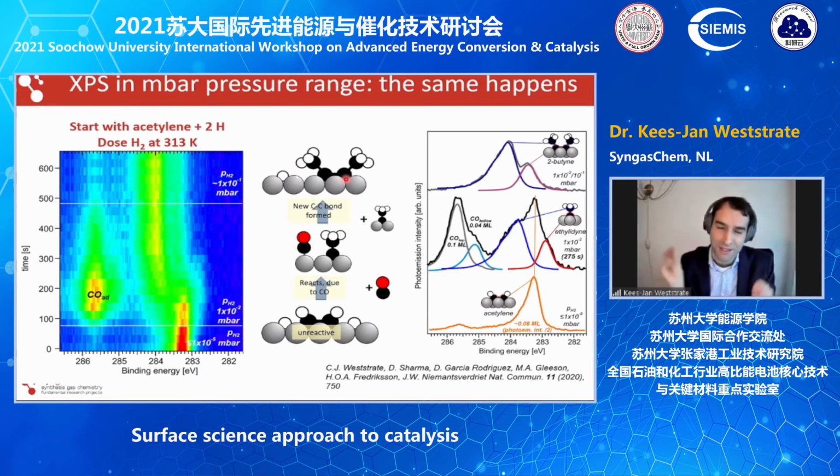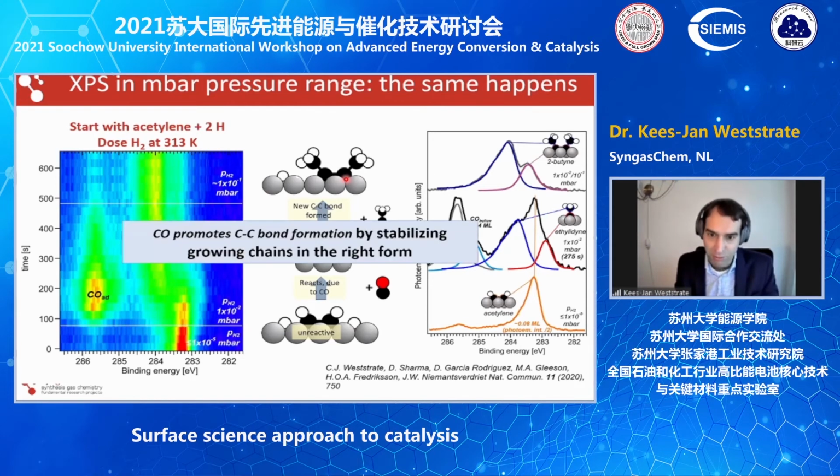So we see exactly the same reaction sequence as we saw before in our vacuum conditions. And here it's very clear and very important to realize that it's actually the CO that makes this happen. So CO influences the form of the carbon species we have on the surface.